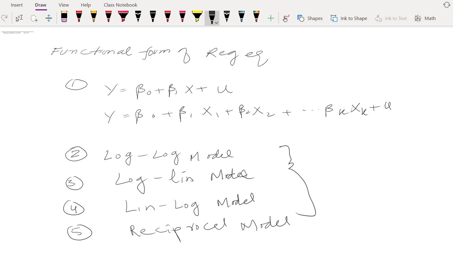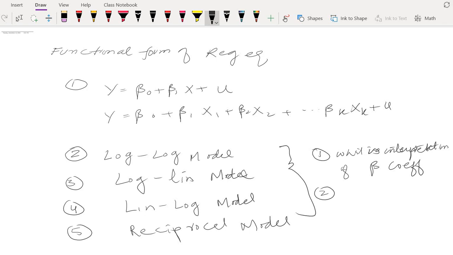My concern is, number 1, what is the interpretation of beta coefficients in each model.